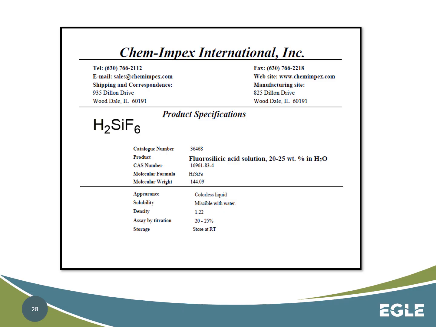Yours will be a little more detailed, giving you a specific number for pure hydrofluorosilicic acid, but from the product specifications you get the percent by weight hydrofluorosilicic acid solution. After that, you can do calculations to find what concentration of fluoride in milligrams per liter I'm applying to my water.